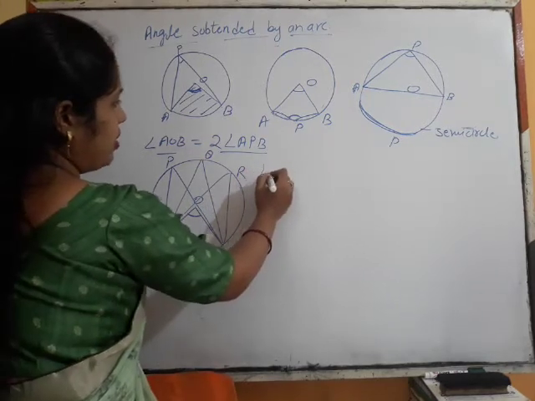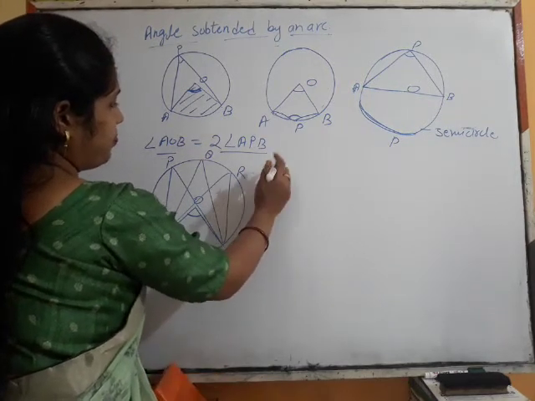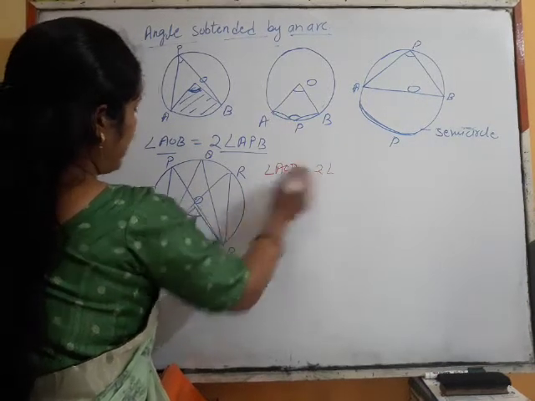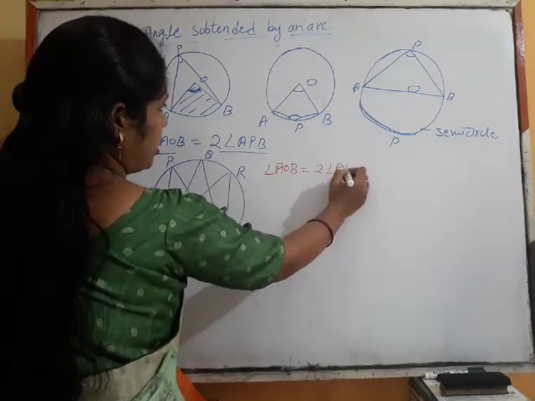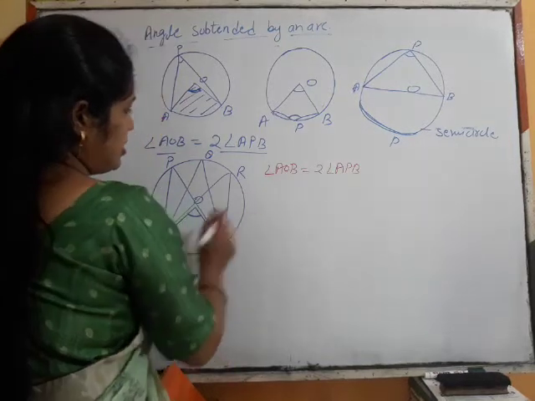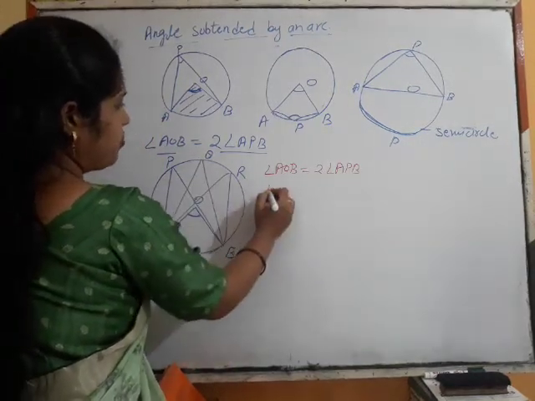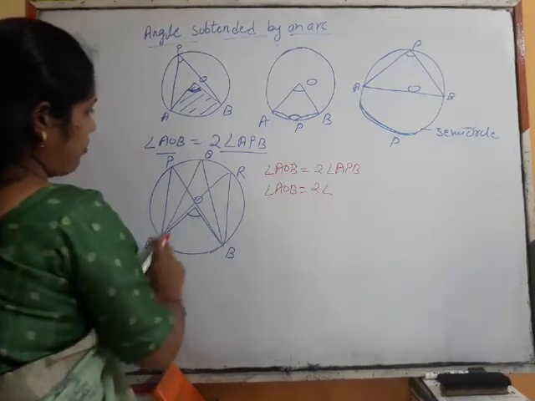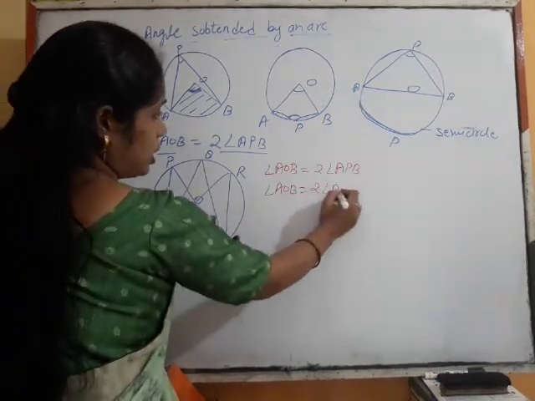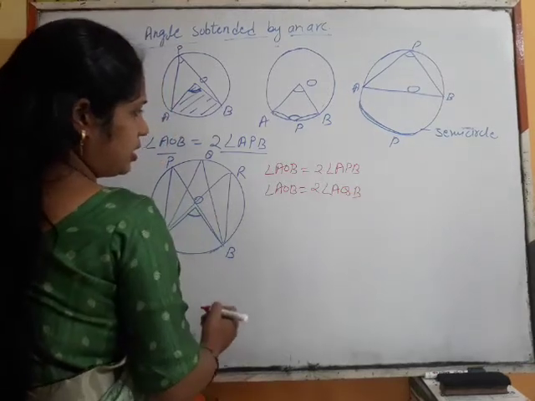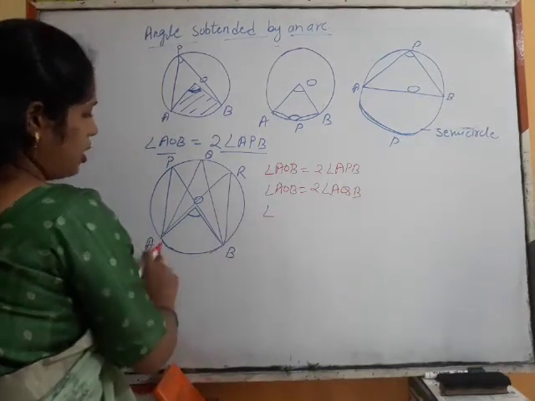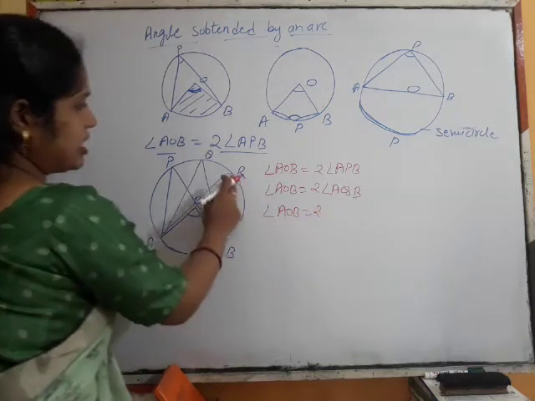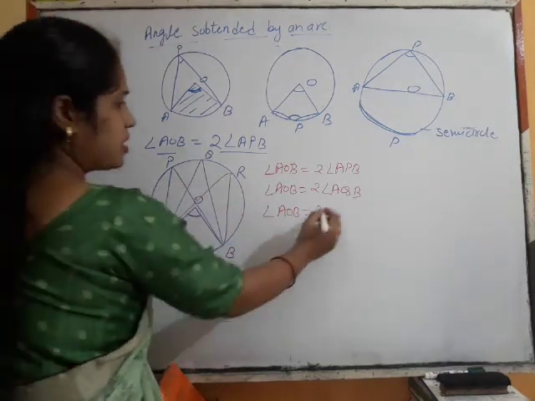Now according to our result, angle AOB is twice the angle APB. Similarly, for point Q, angle AOB is twice angle AQB. Q is also on the remaining part of the circle, isn't it? Now AOB is twice angle ARB, since R is also on the remaining part of the circle.